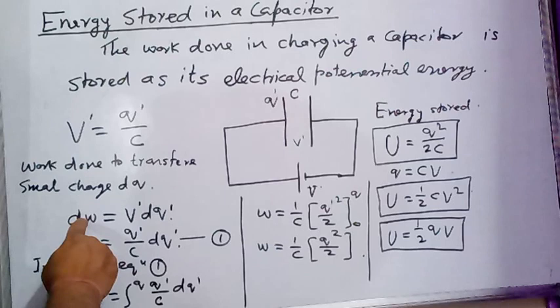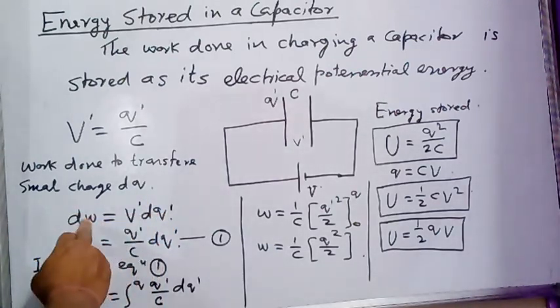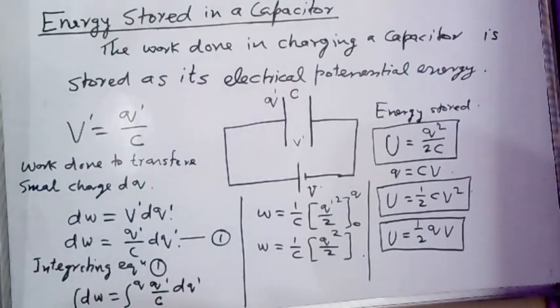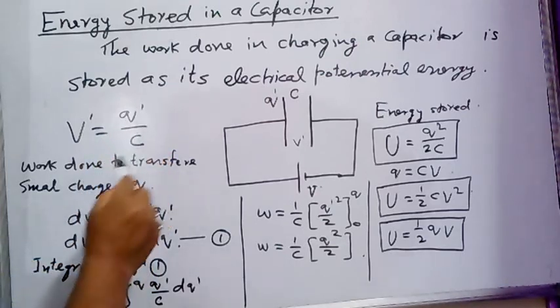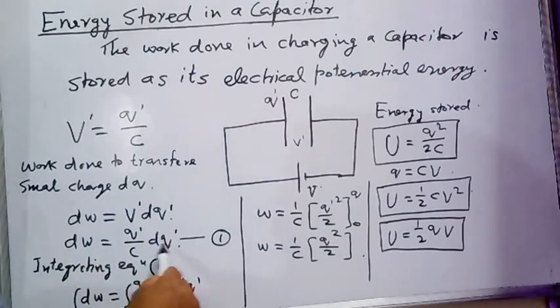So work done to transfer dq dash charge on the plate of the capacitor, dW can be written V dash multiplied by dq dash, or V dash is replaced by q dash divided by C. So dW is equal to q dash divided by C into dq dash. Suppose this is equation number 1.